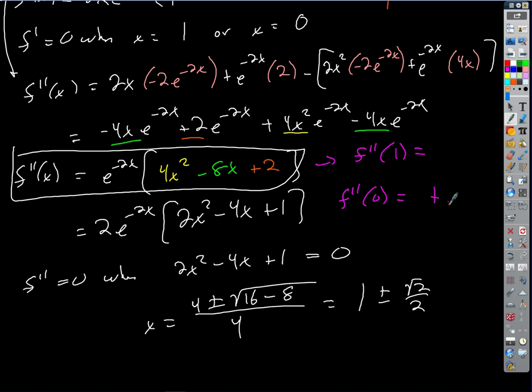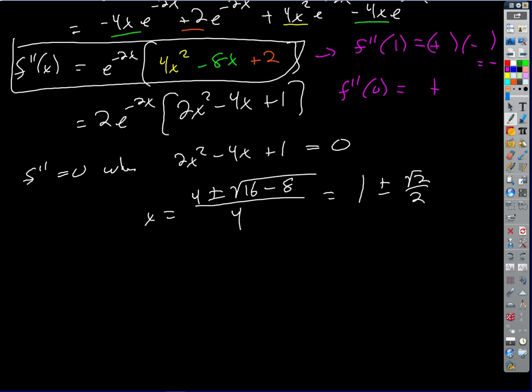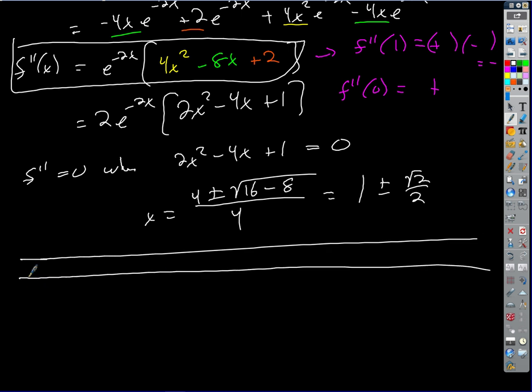What about 1? Well, e to the negative, that's positive, right? So I'm going to get positive times this factor. At 1, I'm going to get 4 minus 8 plus 2, which is negative. So I'm going to get negative, right? So in our table, that's all we really need to answer the questions that were being asked of us.